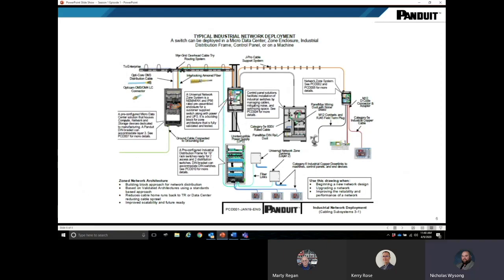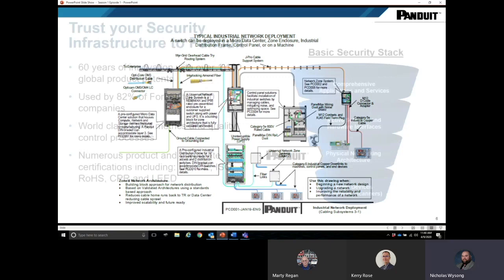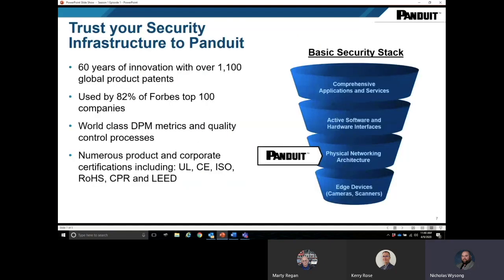I wanted to show you one of our Panduit configuration drawings, to give you an idea of the amount of products that Panduit has in its portfolio to help you deploy best-in-class solutions. We will discuss these products in more detail in upcoming sessions. And I'll hand it over to Marty to finish it off.